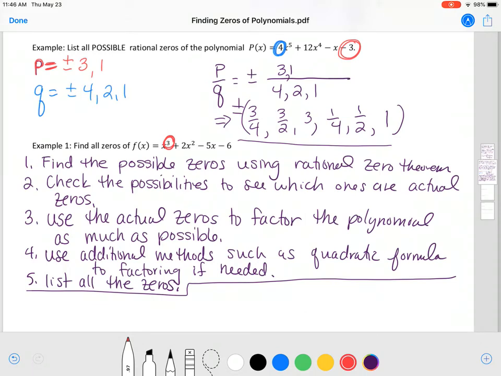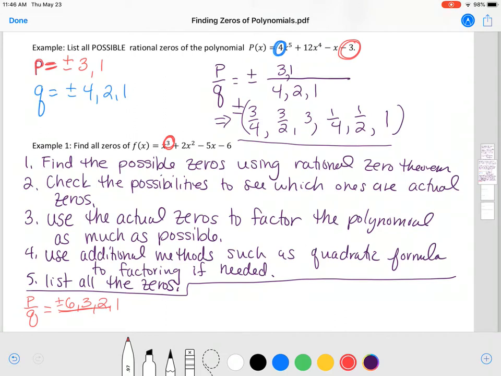Okay, so I'm going to find my possibilities P over Q. So I'm going to list all the possible factors of my constant. My constant is 6. So I'm going to have plus or minus 6, 3, 2, and 1.